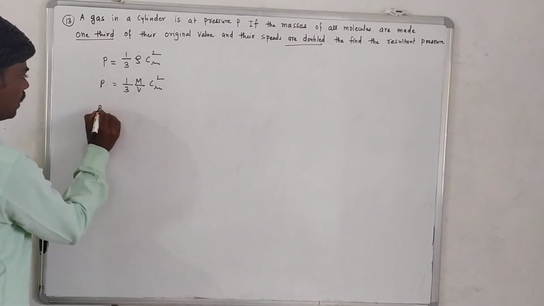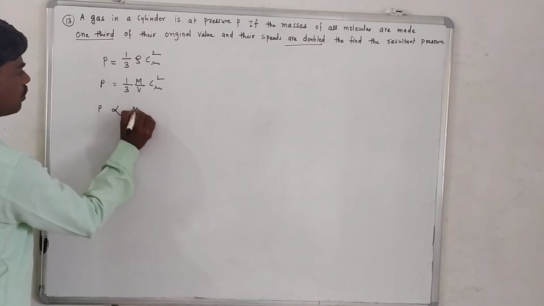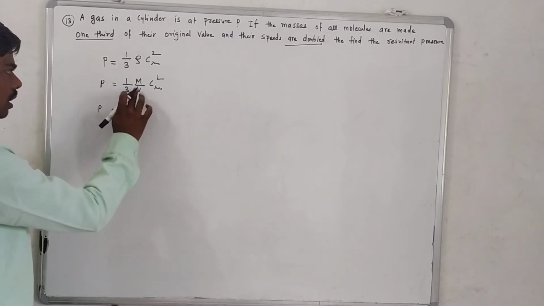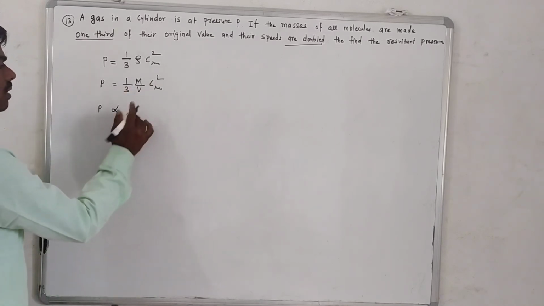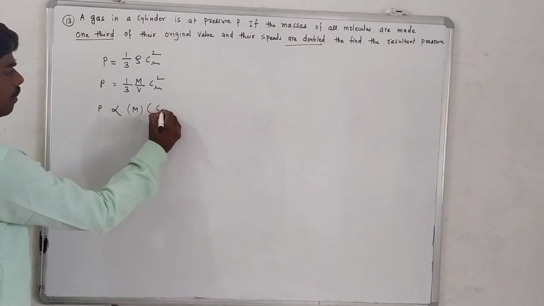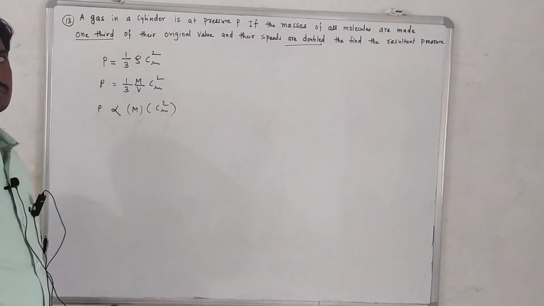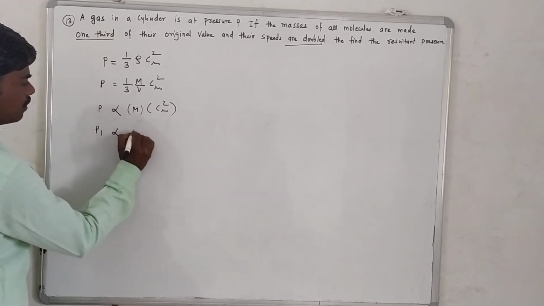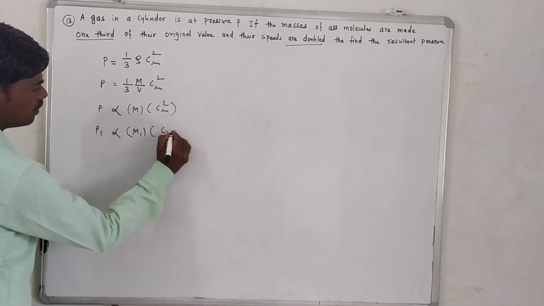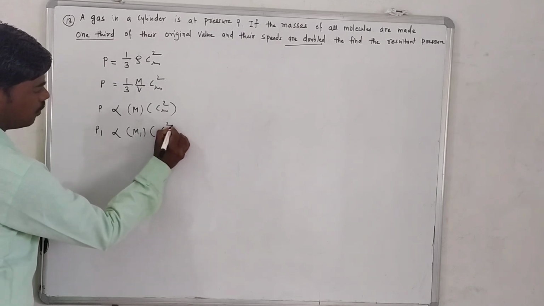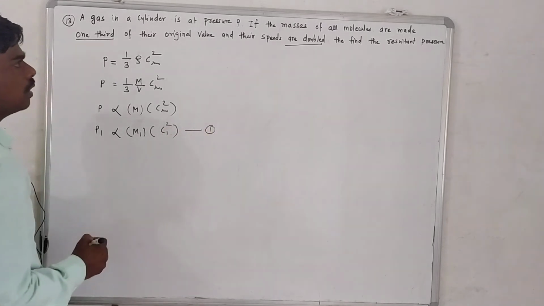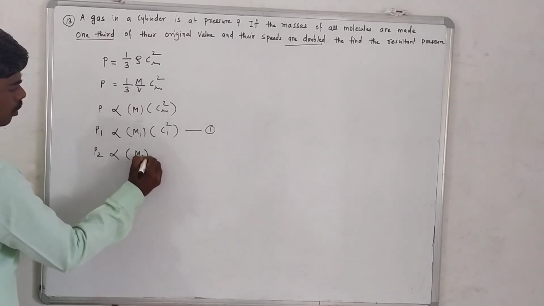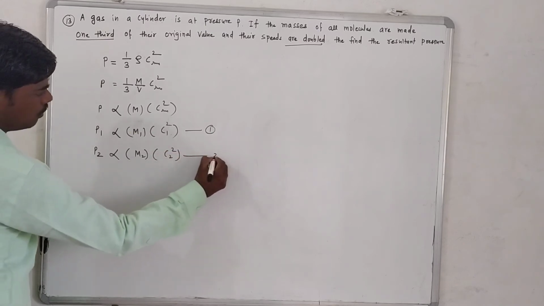We can write P is directly proportional to 1 by 3 V, which remains constant, so there is no change. The changing factors are mass and RMS velocity. For the first condition, P1 is proportional to m1 c1 square, equation 1. For the second condition, P2 is directly proportional to m2 c2 square.